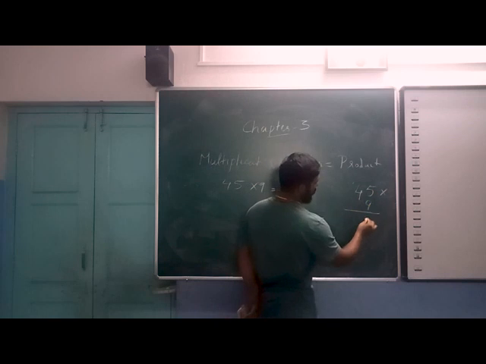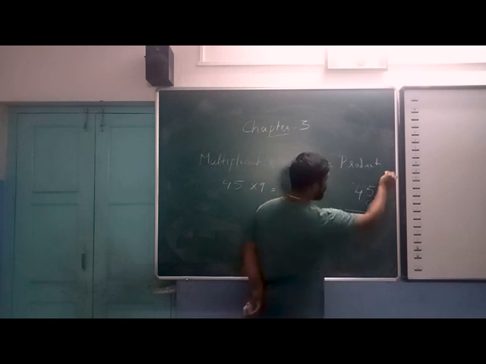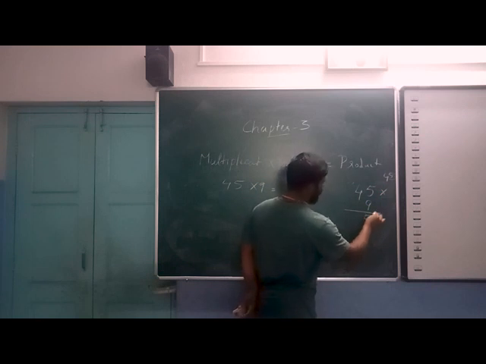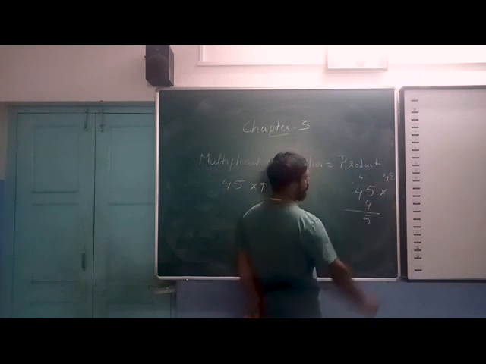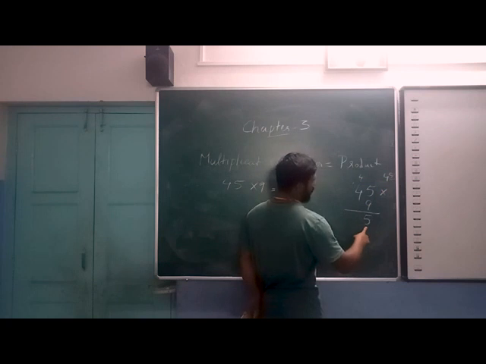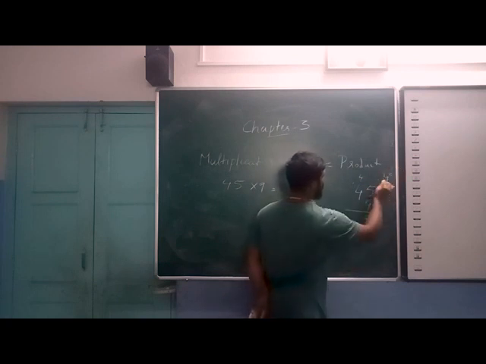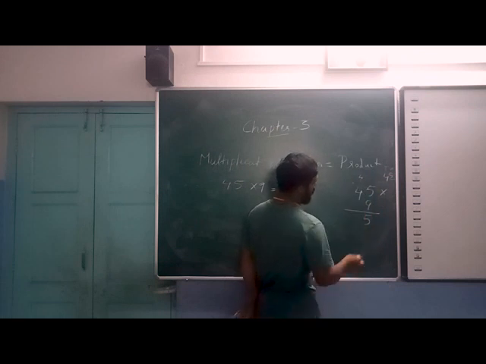So 9 5s are 45. What we have to do is keep the last number right here, and the balance we keep here. Since 45 is bigger than 9, only one digit we can take. That lies in the ones position, and the tens position we give to the tens position here.